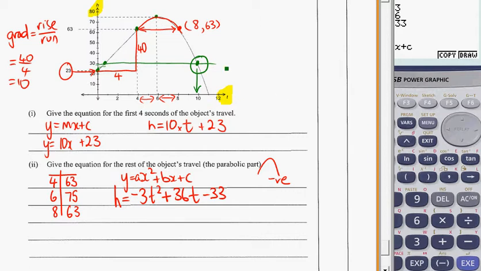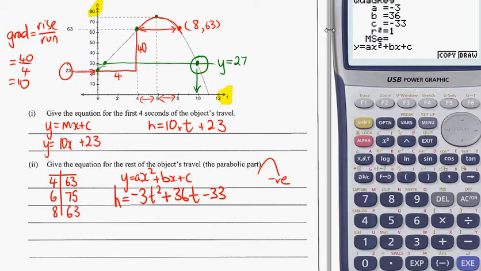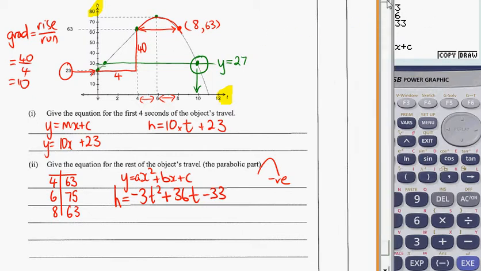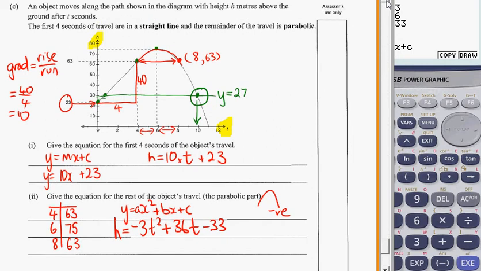Once again, we could have a go on the calculator and graph that line, y equals 27, graphing along with the equation of the parabola actually that we've just got.